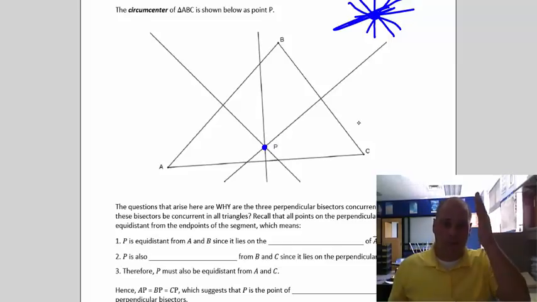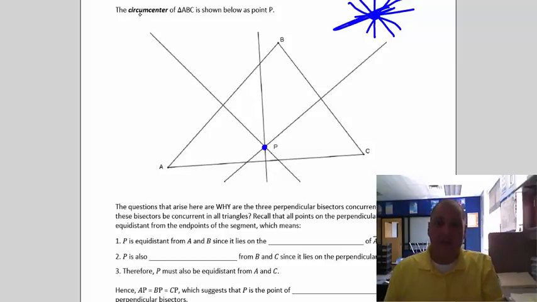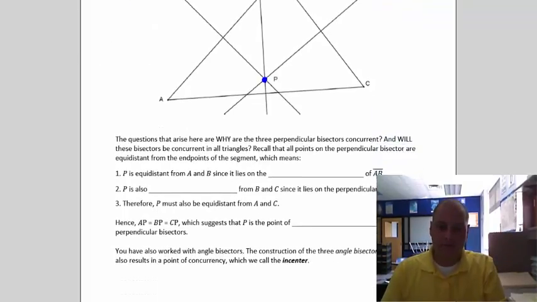You can construct, just like we did in our last lesson, a perpendicular bisector, but 3 of them. When you do, all 3 of those perpendicular bisectors intersect at one point, and that point is the point of concurrency. And because you did perpendicular bisectors, it's known as the circumcenter. It's where the 3 perpendicular bisectors come together, where the 3 perpendicular bisectors are concurrent.